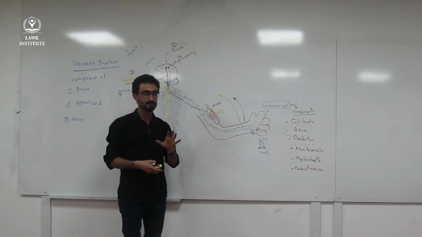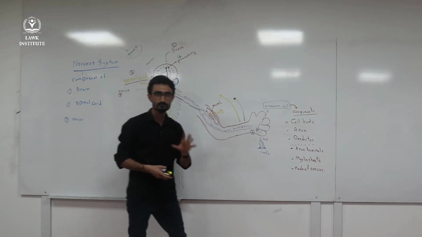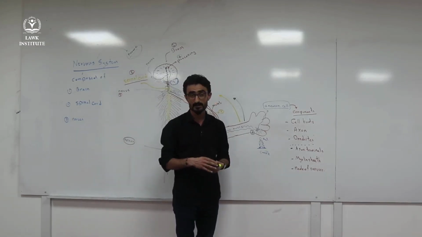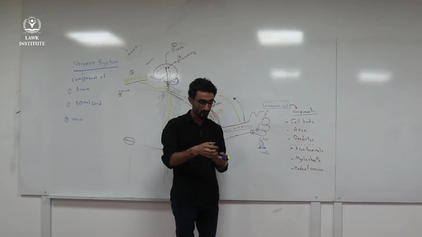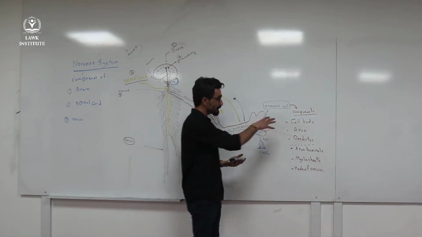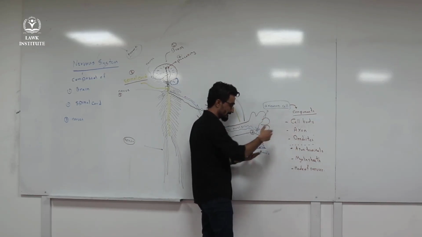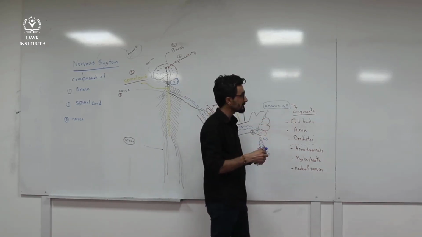We have to understand how a neuron cell functions. Without understanding this, it's to some extent impossible to understand how the whole system works. So let's study the main components of a neuron cell and their role in the body.